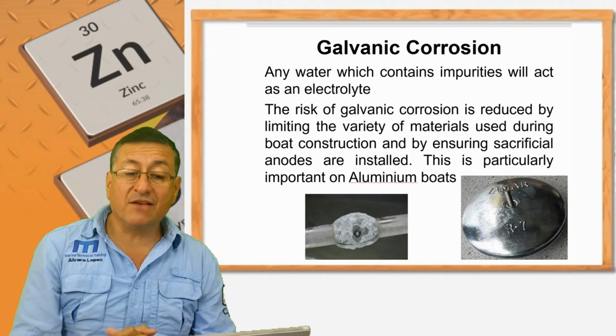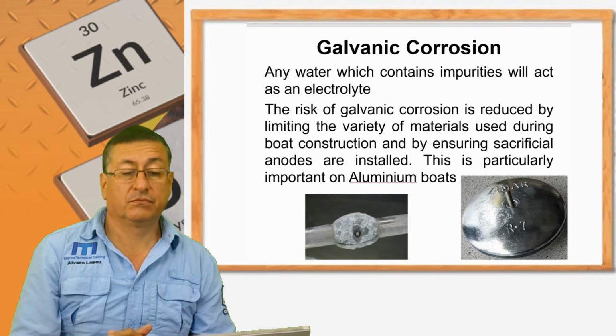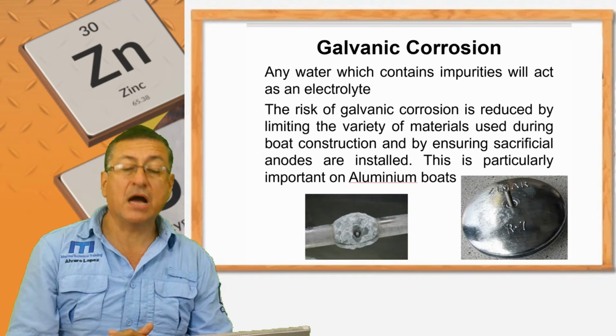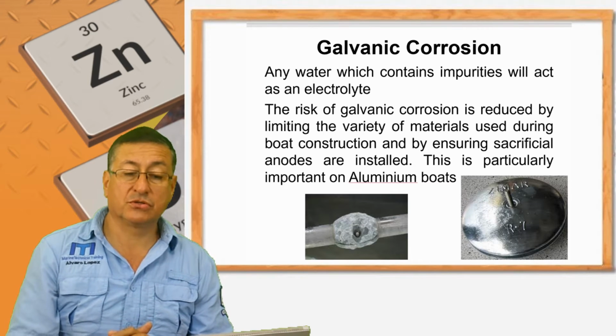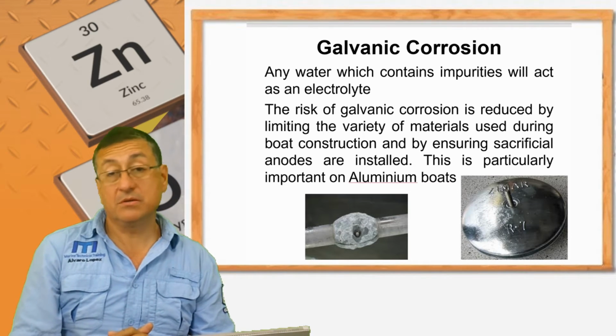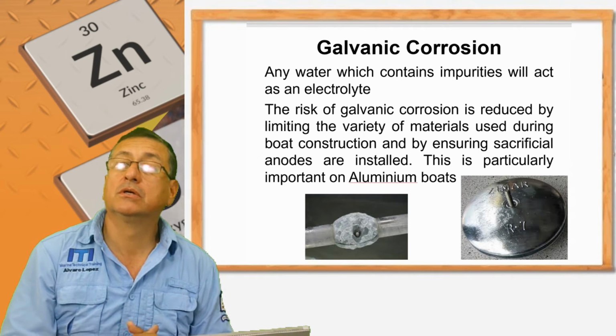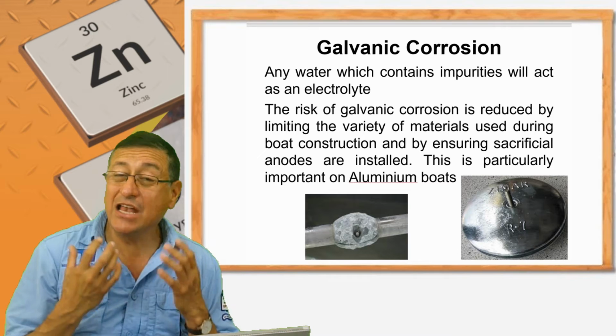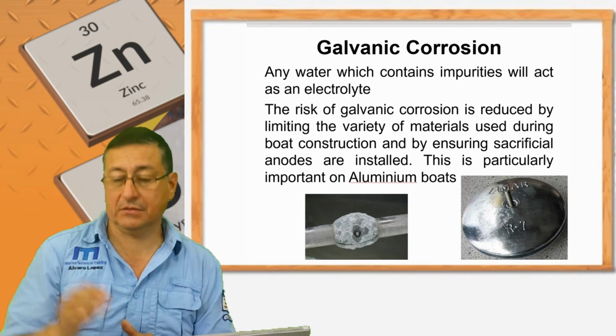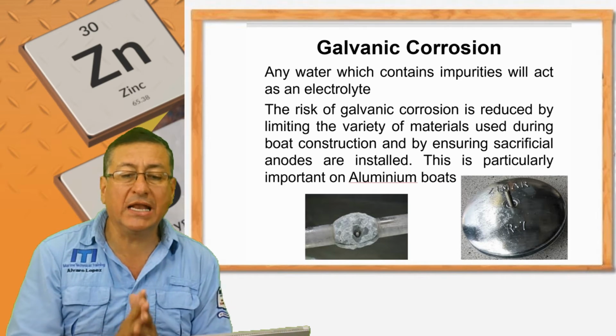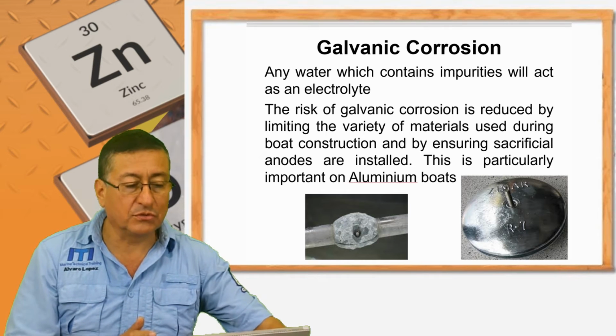The risk of galvanic corrosion is reduced when you install the appropriate sacrificial anodes. This is important, especially in metallic hulls like aluminum in boats. For that reason, the anodes are critical. In the next coming chapter, we are going to analyze the different types of anodes.